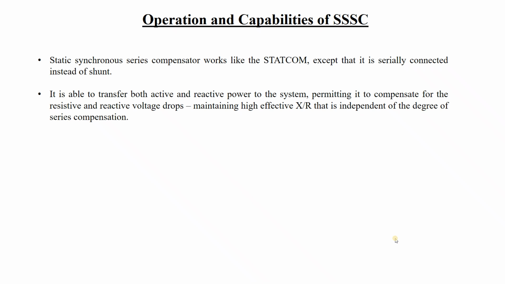Even though the system voltage is decreasing, the thyristor control is such that the STATCOM current remains constant, but in SSC, since it is connected in series, the total operation is very much dependent upon the system voltage. So the SSC, which is series connected, is able to transfer both active and reactive power to the system, permitting it to compensate for the resistive and reactive voltage drops. That is maintaining high effective X by R, independent of the degree of the series compensation.